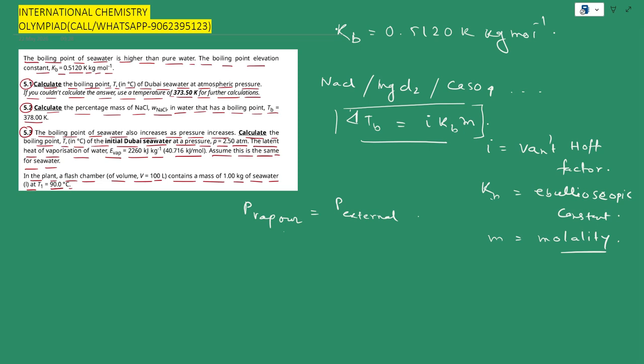The question does not clearly show the molality value. The question itself says if you could not calculate the answer, use 373.50 K for the further calculation.